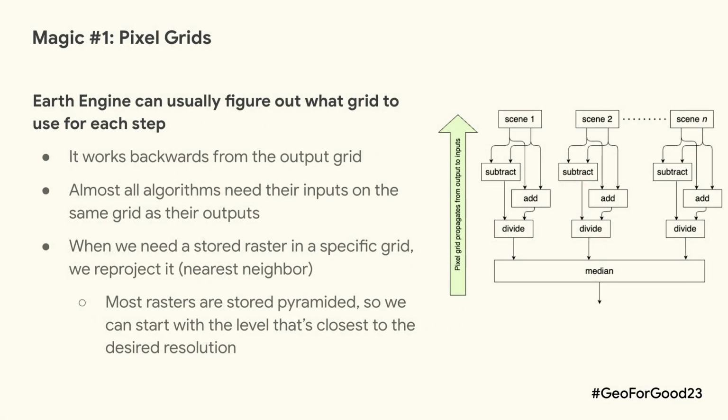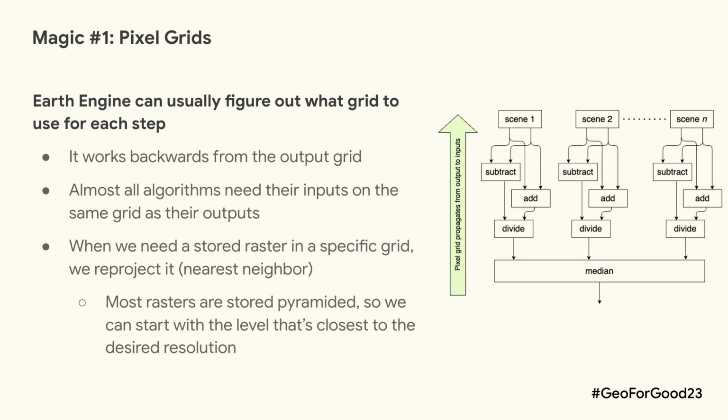I've got a representative Earth Engine computation over here on the right-hand side, visualized as a kind of data flow diagram. So at the very top are a bunch of input images, say Landsat scenes, and I'm doing a block of computation for each one, computing NDVI, and then I'm computing a median over the NDVIs of all those images, and that's the output that I want from this particular computation.